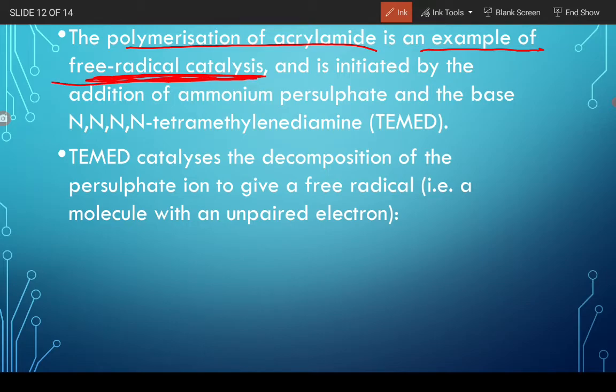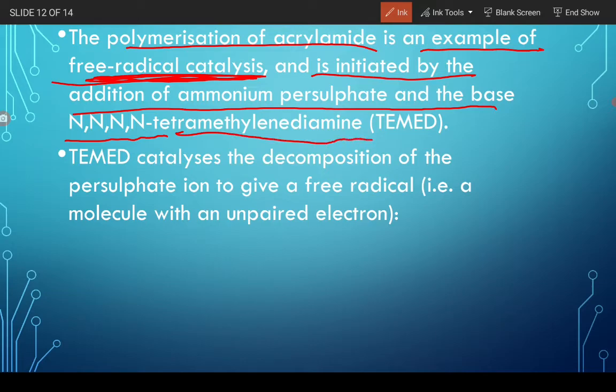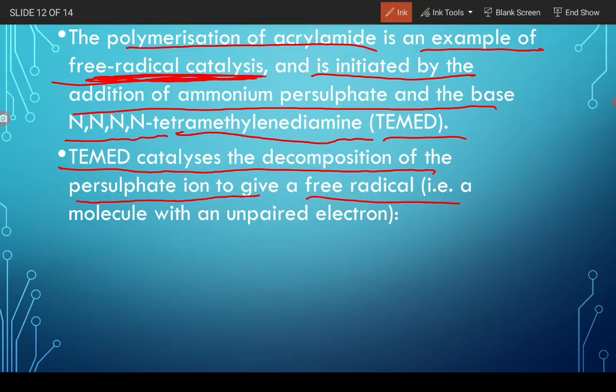They're free radical catalysts, and the reaction is initiated by addition of ammonium persulfate and the base N,N,N',N'-tetramethylethylenediamine, TEMED. TEMED catalyzes the decomposition of the persulfate ion to give a free radical, that is, a molecule with an unpaired electron. So the polymerization of acrylamide is an example of free radical catalysis.